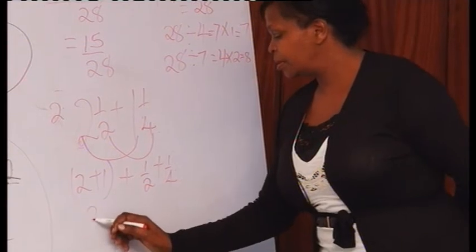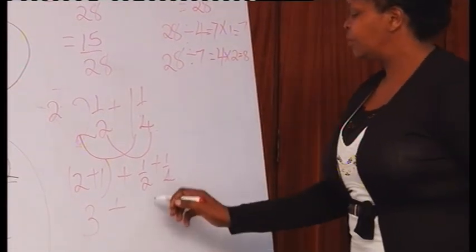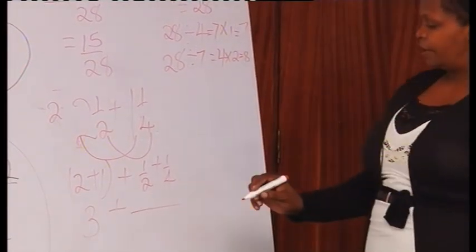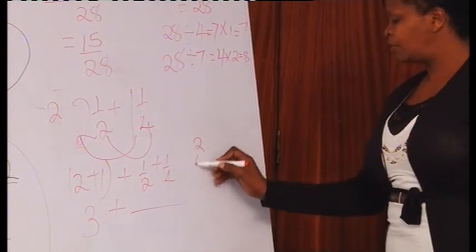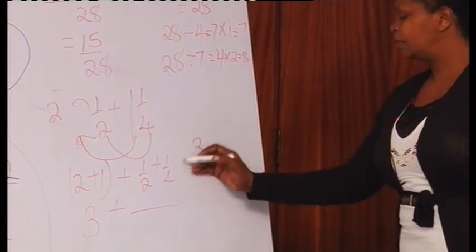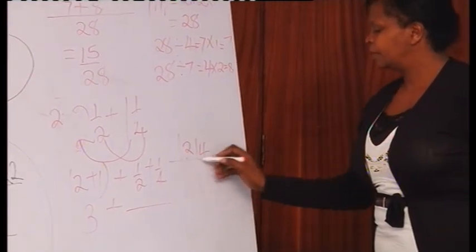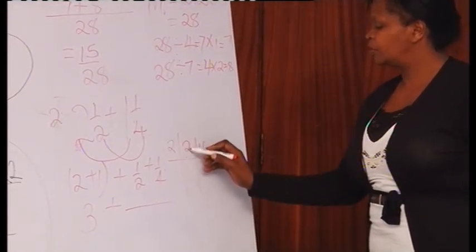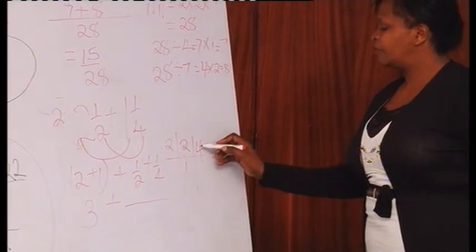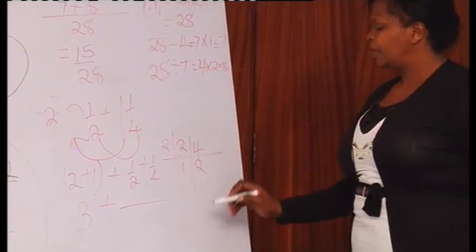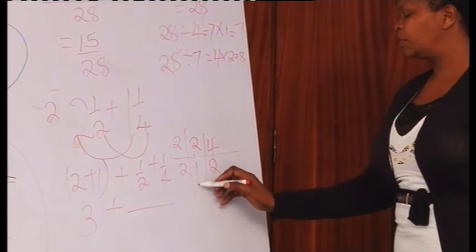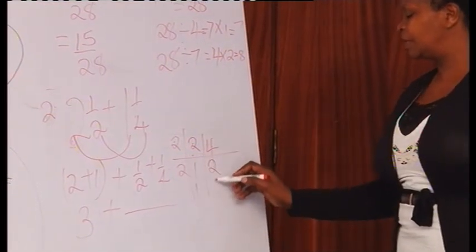This will be 3 plus, then what do we do? Look for the LCM. We said you write your 2 and your 4. Get the LCM. Here will be 2, because 2 divided by 2 is 1, and 4 divided by 2 is 2. Then you divide by 2 to get 1, and then 2 divided by 2 is 1.